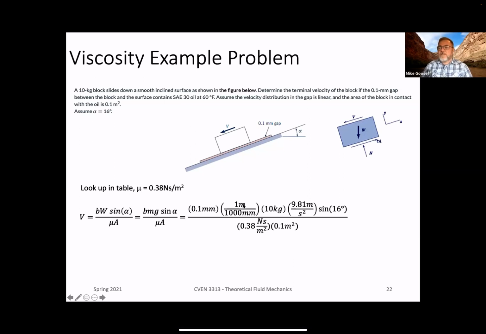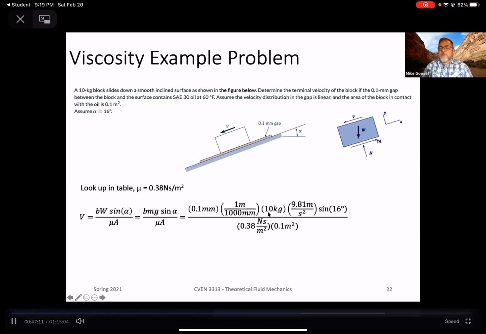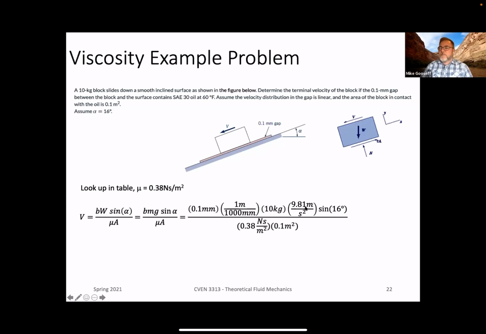Then I have m, our mass, 10 kilograms, g, the acceleration due to gravity, 9.81 meters per second squared, and then the sine of 16 degrees. Then we divide by, now we've got mu, 0.38 Newton seconds per meter squared, and then A was 0.1 meters squared, which was given right here again. So now we can work our way through this, and if I did my math right, this should come out to 0.071 meters per second, right?